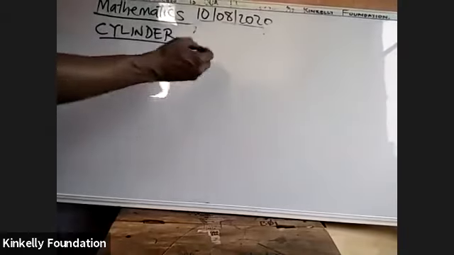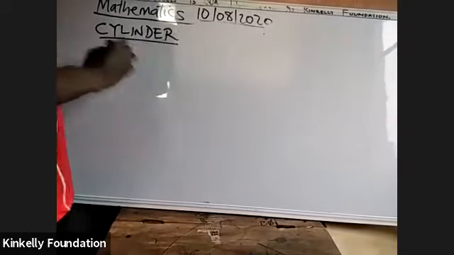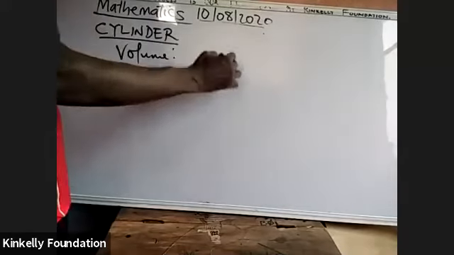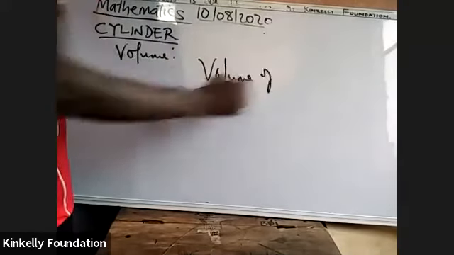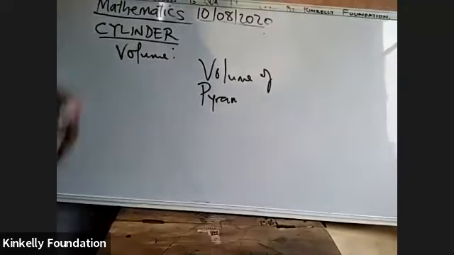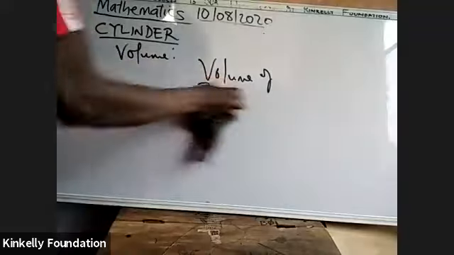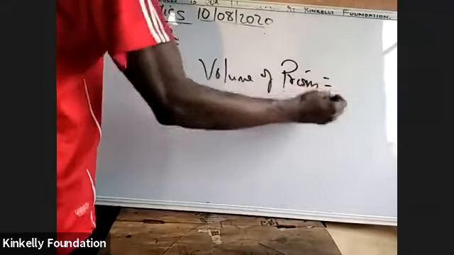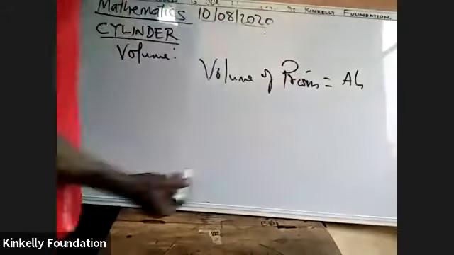Now, for volume of a cylinder, you notice that the volume of a prism is equal to the cross-sectional area times the height.